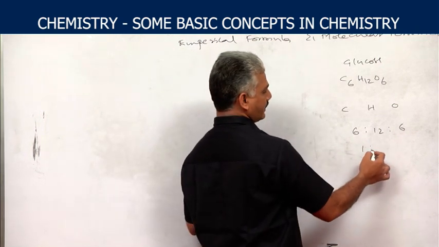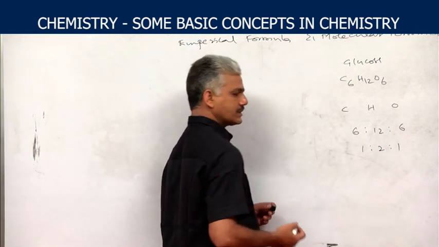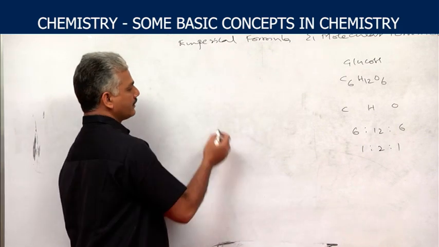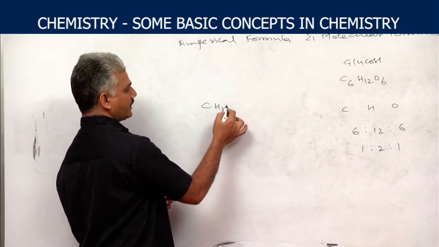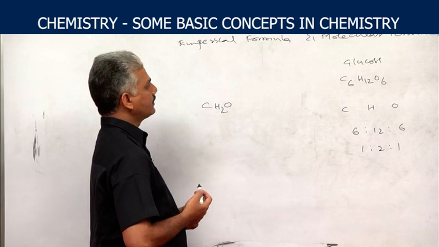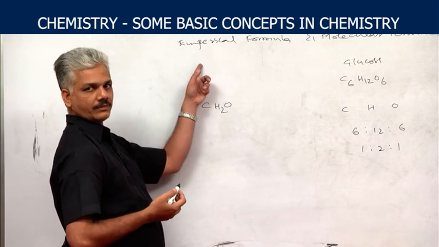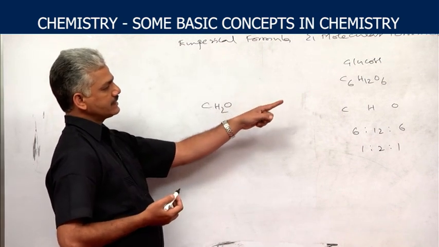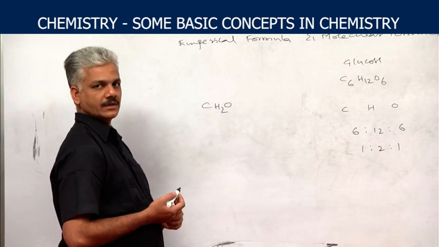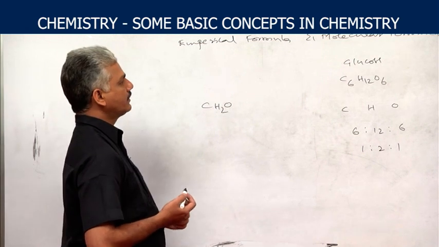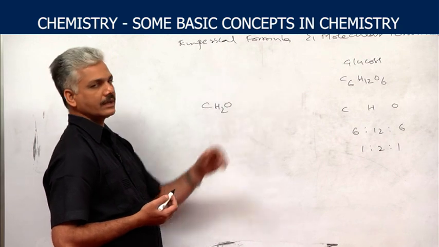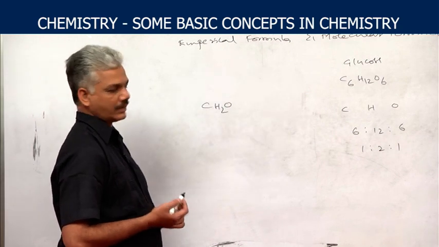Therefore, simplified atomic ratio is 1:2:1. So, in that manner, if you represent the formula, CH2O will become empirical formula, whereas C6H12O6 becomes molecular formula.